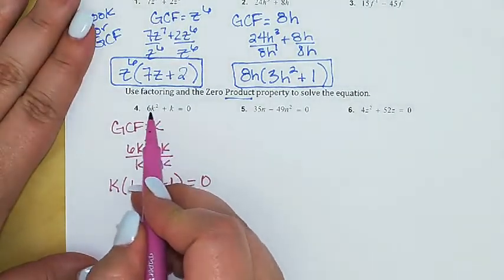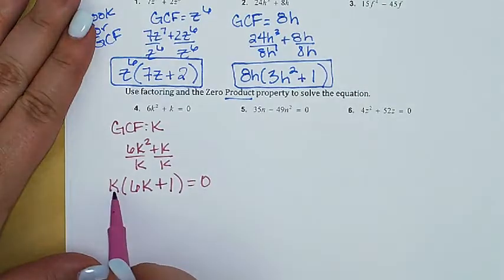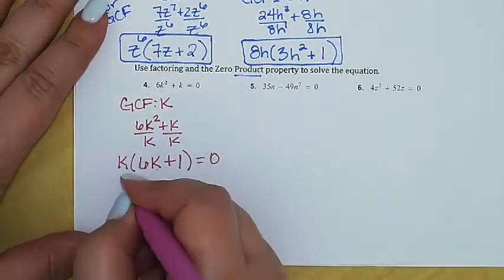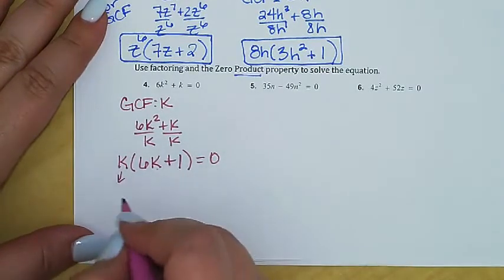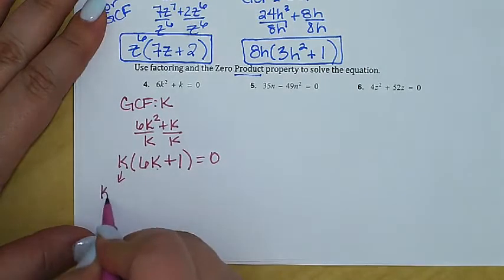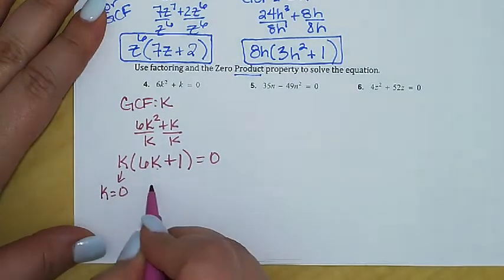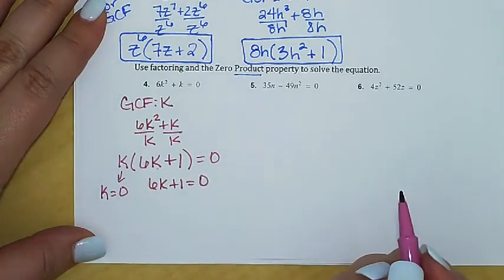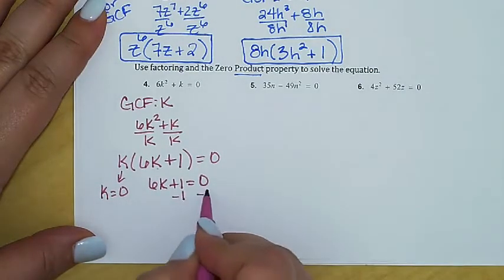But now this is equal to 0, and I can actually use it to solve. I could not use a 0 product property up here, but now that it's written as a product of two things, I absolutely can. So let's do that. Now we can do it just like we did in the previous lesson. If this times this is 0, then either k is equal to 0 or 6k plus 1 is equal to 0. And then we solve.